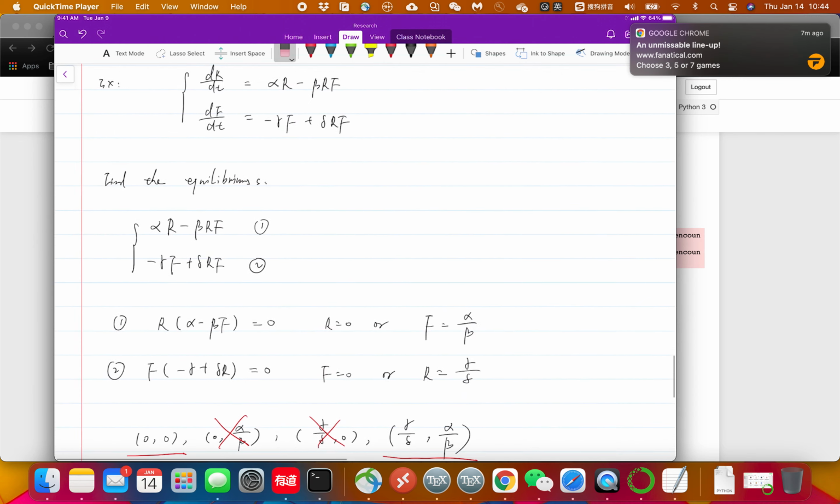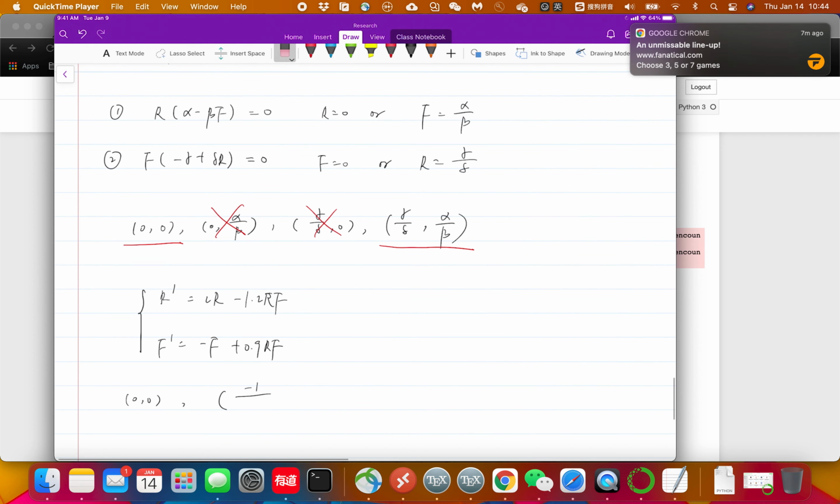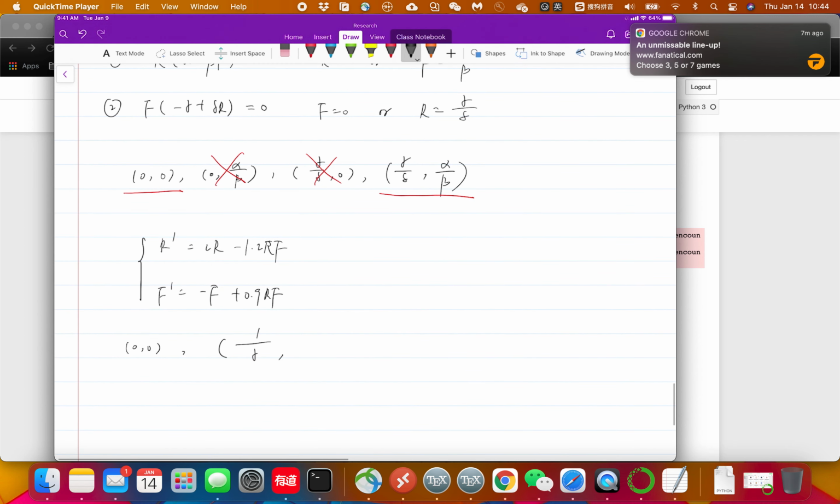Gamma is 1, so 1 over delta. And alpha is 2, your beta is 1.2. So roughly it's going to be 10 over 9, and this one is going to be 5 over 3.